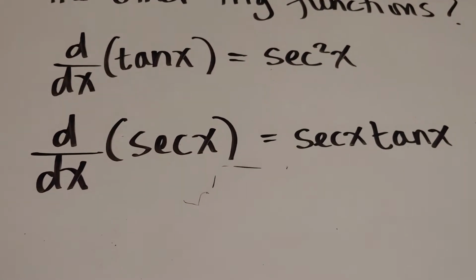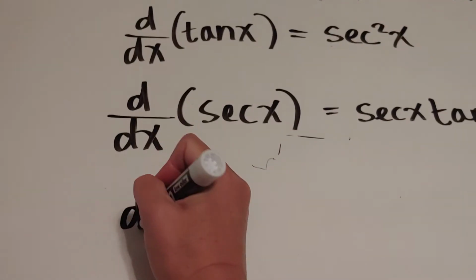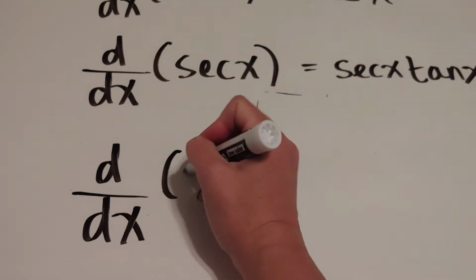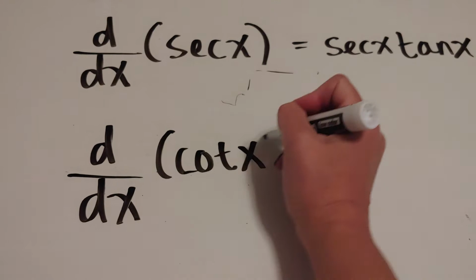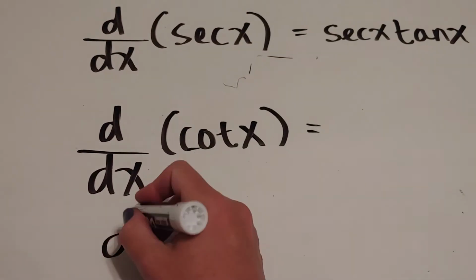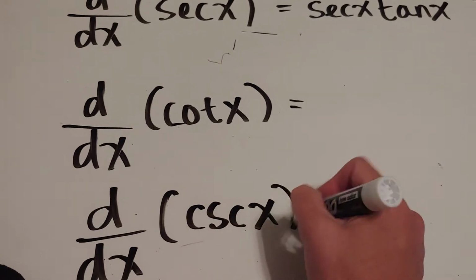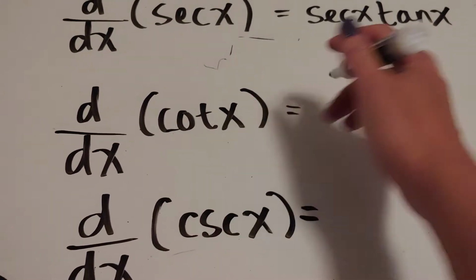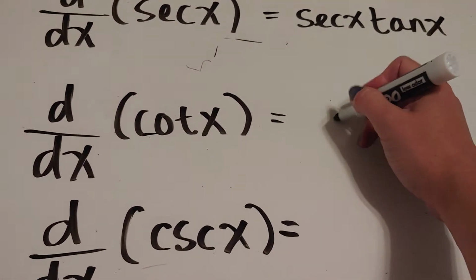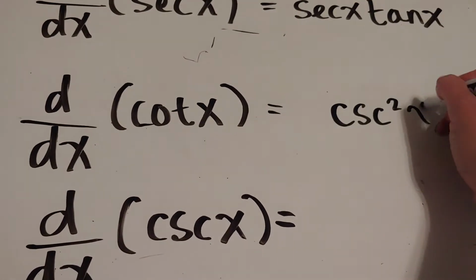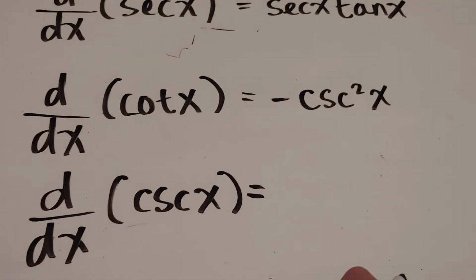All right, now I'm going to also show you the derivative of cotangent and the derivative of cosecant. Okay, the derivative of cotangent is cosecant squared, but it's the negative cosecant squared.